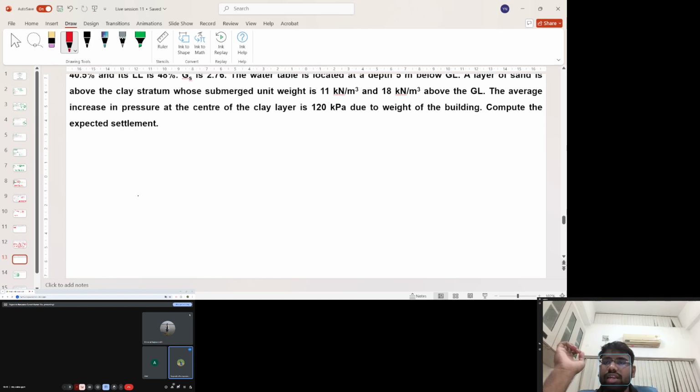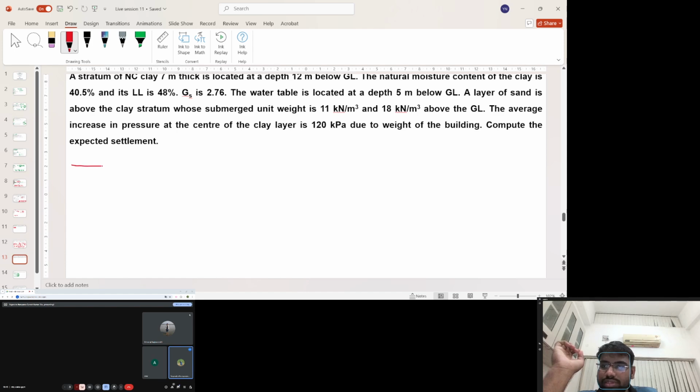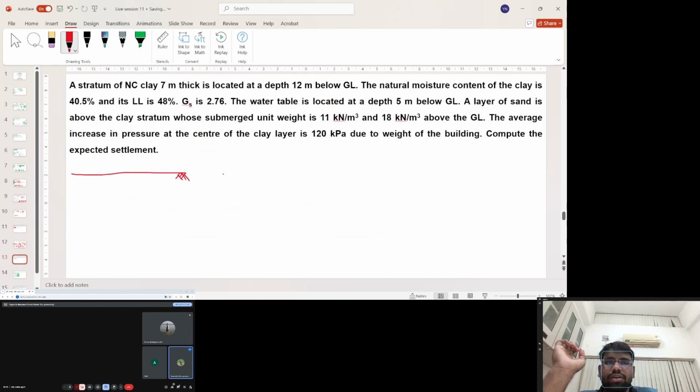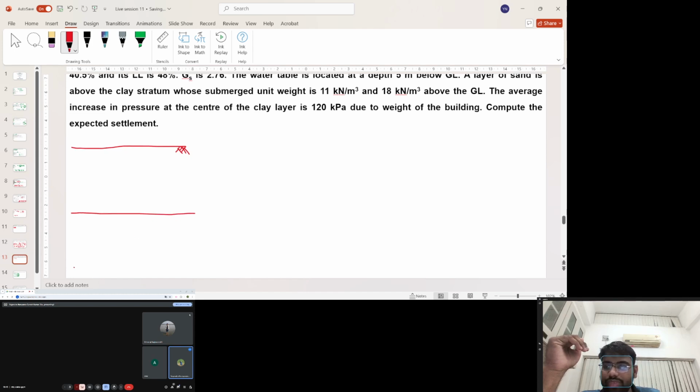Now we will translate this to the diagram. So this is the ground level. Now there is a clay stratum of 7 meter which lies at 12 meter. So that means it has 12 meter of sand above it. 12 meter, and this is 7 meters.